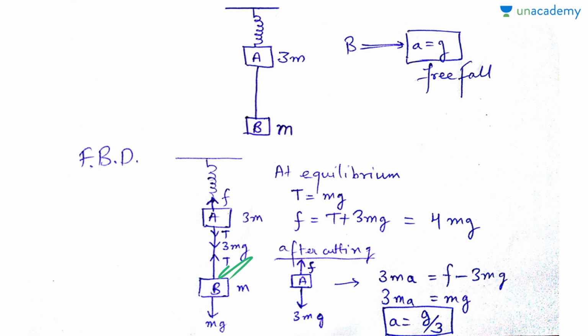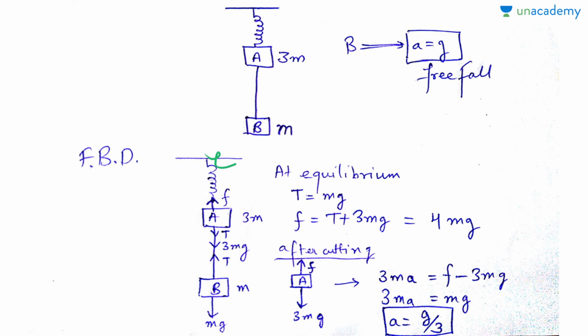For A, the tension force is acting downward, and 3mg because of its weight is also acting downward, and a force F due to the spring is acting upward. Before the string is cut they are in equilibrium, so the forces must balance each other.